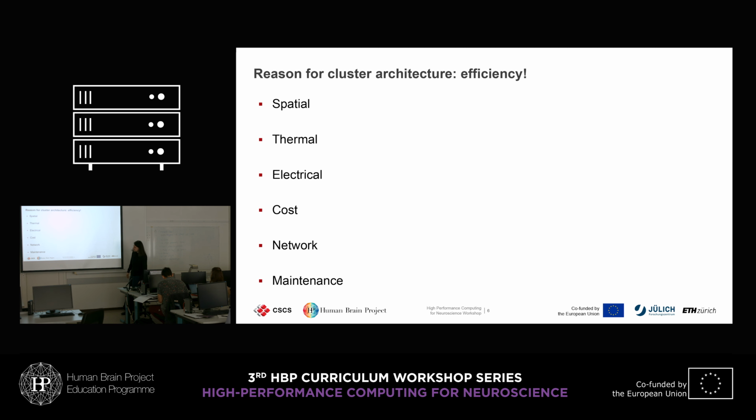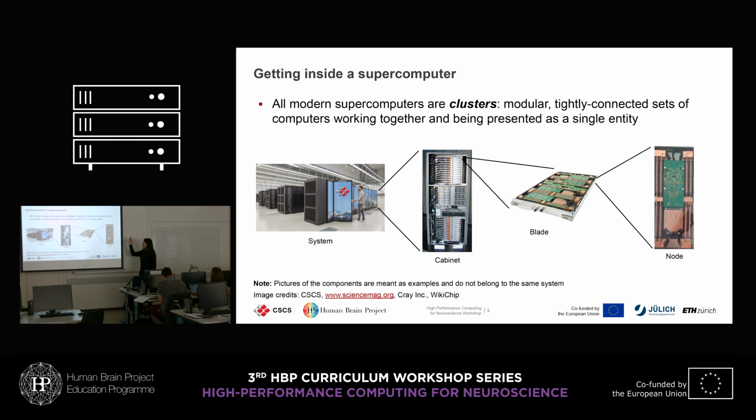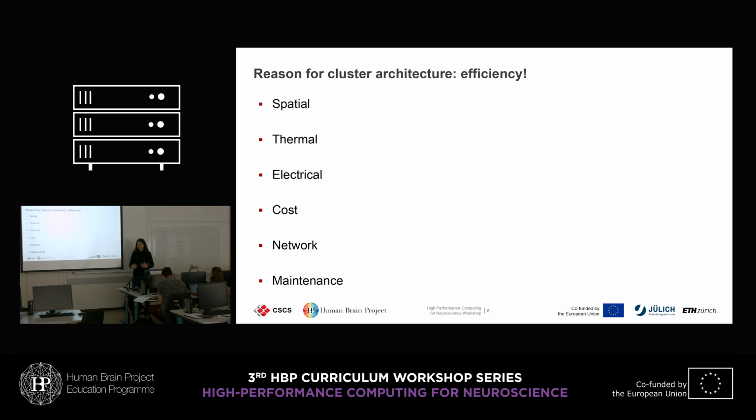So for example, here the nodes, as I said, only have a CPU and the memory, and all the other things that you have to consider when you build a personal computer are just contained in a common infrastructure inside the cabinet or the blade. And the reason for eliminating the redundancy of the non-compute critical parts is because if they're not there, you don't have to cool them, you don't have to give them power, and you do not have to pay for them.